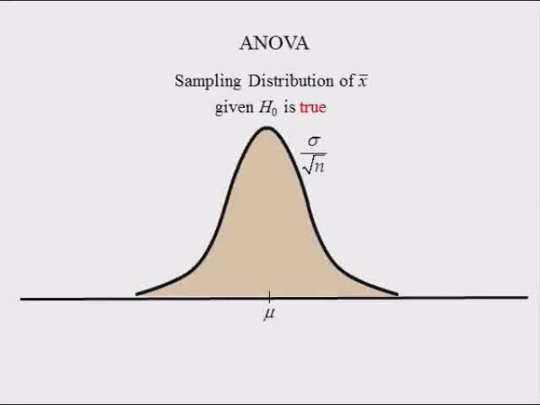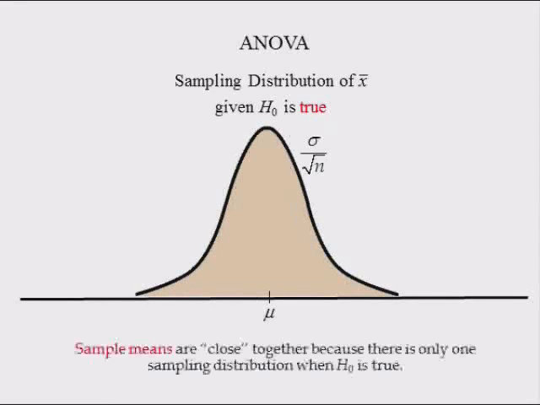Hence, the standard deviation of the sampling distribution is sigma divided by the square root of the sample size. Thus, we expect samples from the populations to yield sample means that are close together, hovering near the population mean, mu.